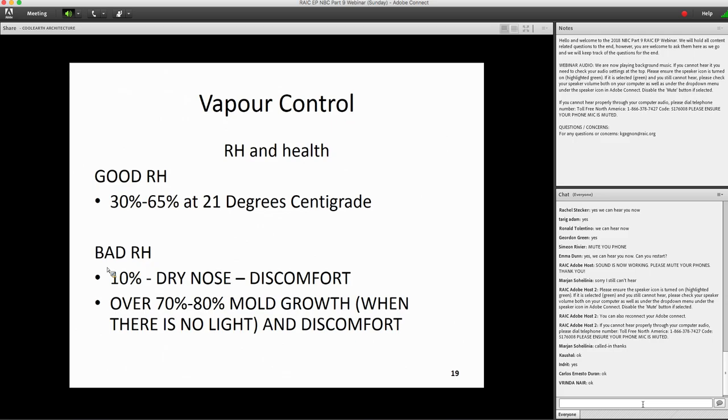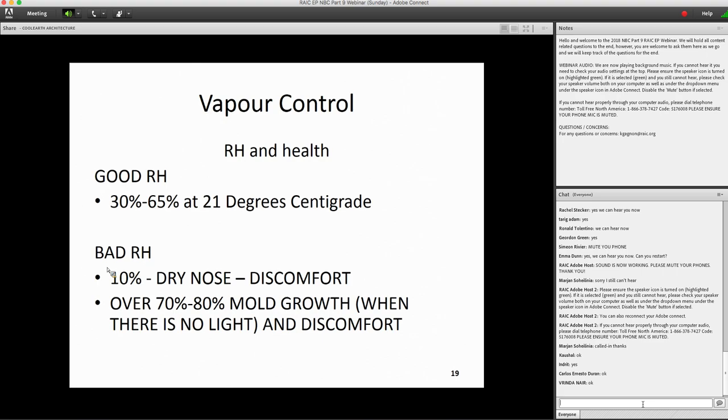Okay, so let's talk about relative humidity and health. A good level of relative humidity is between 30 and 65%. Actually, to feel comfortable, you want to be no more than 50%, but up to 65% is kind of okay. We all know when we have very dry air inside the house, we get a dry nose and it's very uncomfortable.